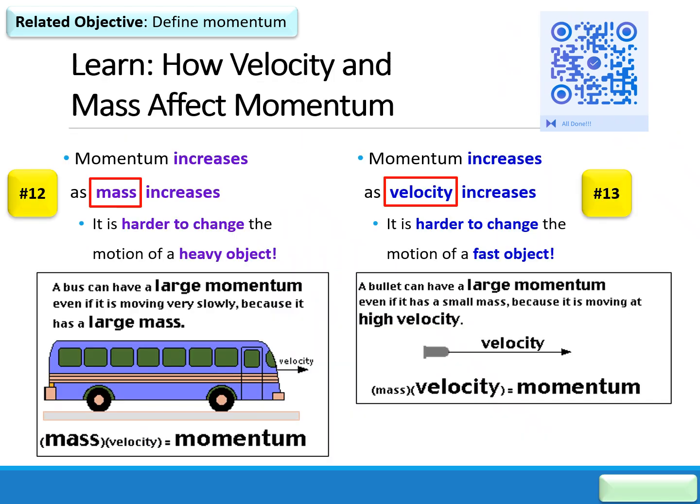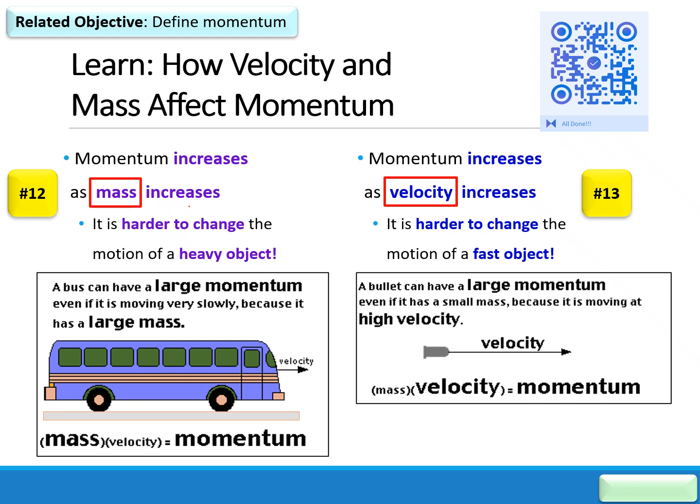Okay, so as the mass increases, the momentum is going to increase. Same with velocity. As the velocity increases, the momentum increases. Again, that explains my baseball, right?